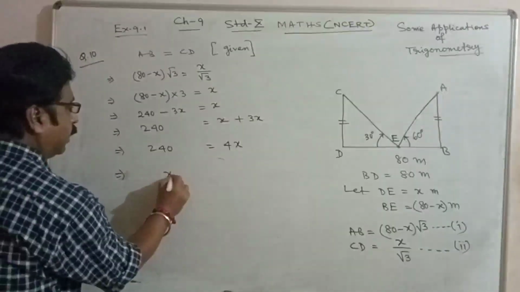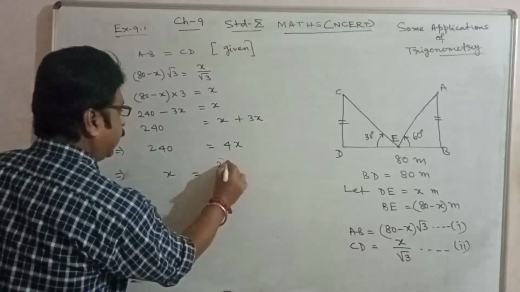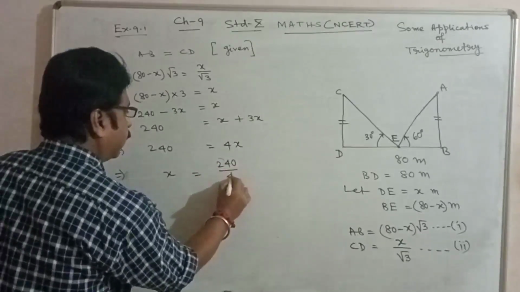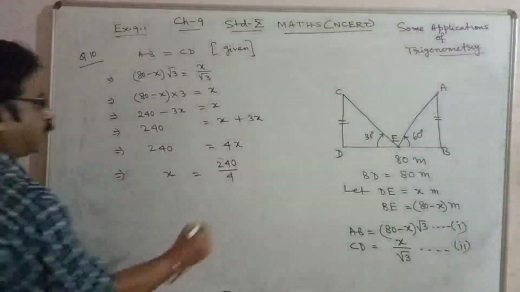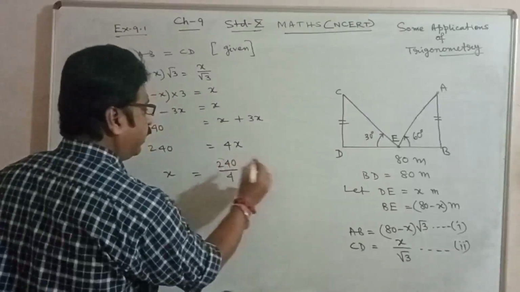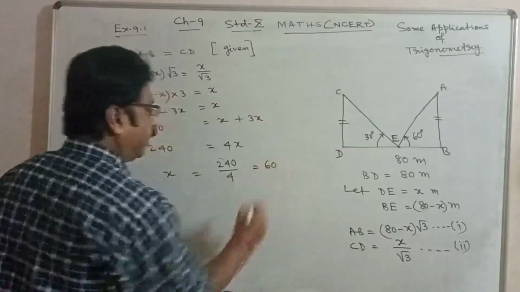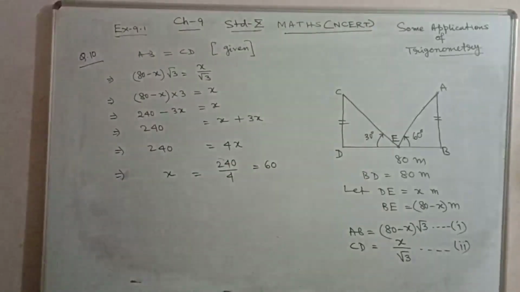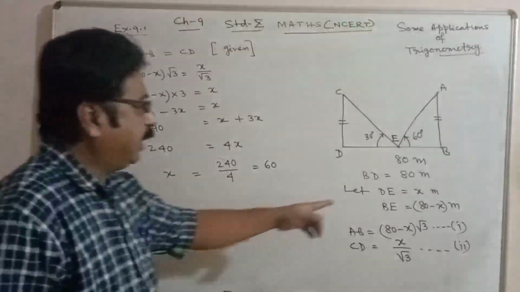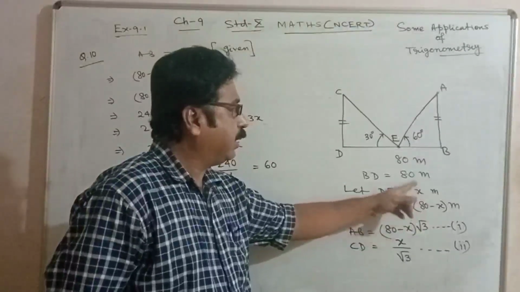That is, x can be written as 240 upon 4. It will be 60. So we got DE is 60 meter.